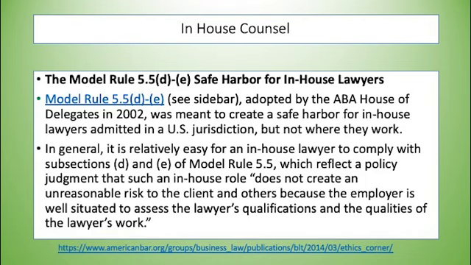And it's relatively easy to comply with model rule 5.5 when it says that it does not create an unreasonable risk to the client and others because the employer is well situated to assess the lawyer's qualifications and the quality of the lawyer's work, which is true, but we've seen a number of different problems that occur from the way that these in-house lawyers then act once they are in-house lawyers. And as an example, we'll see how that goes on here.